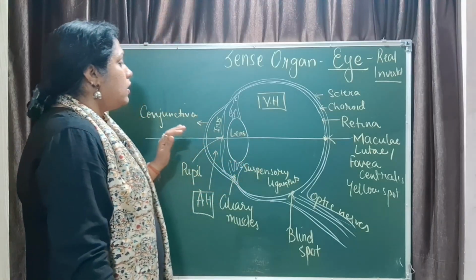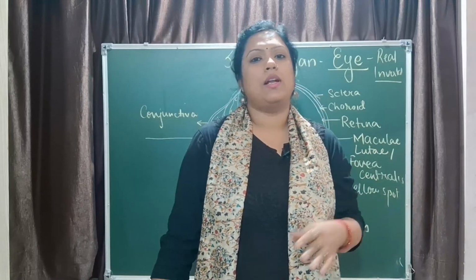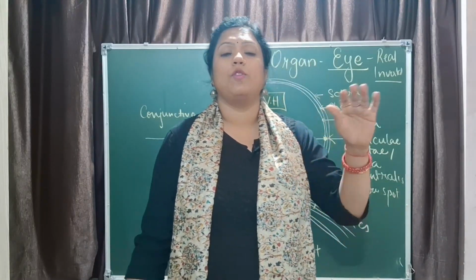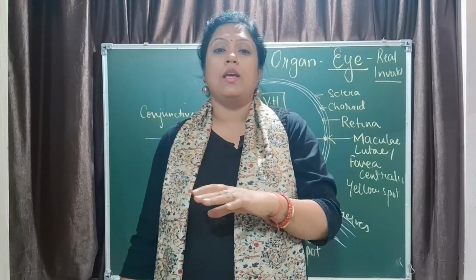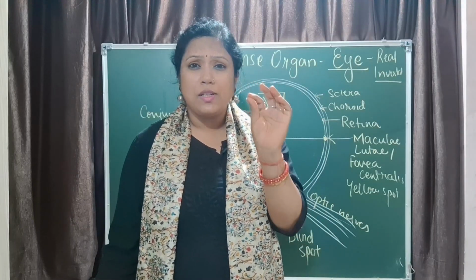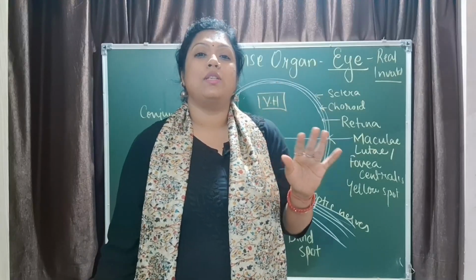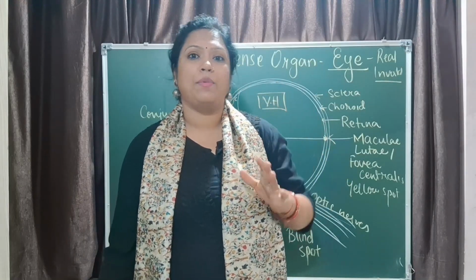Fine. There is one more thing which is called adaptation, that is light adaptation and dark adaptation. When you move from a dark place to a bright place, then your pupil constricts, right? For a certain period of time you will not be able to see things clearly. So that is the time of adaptation.